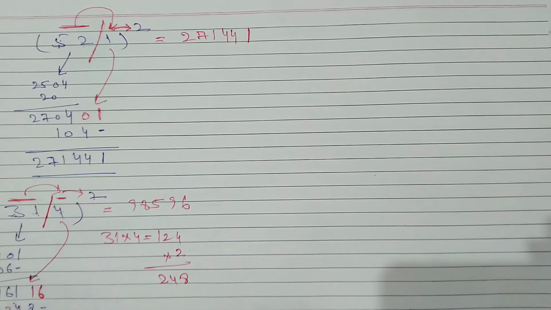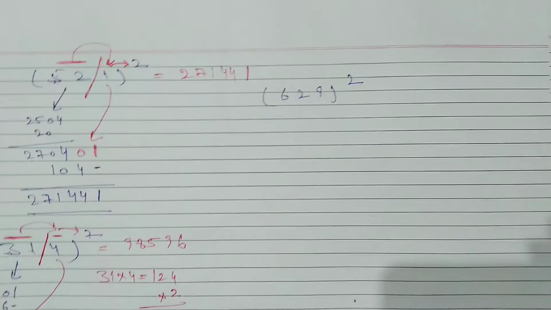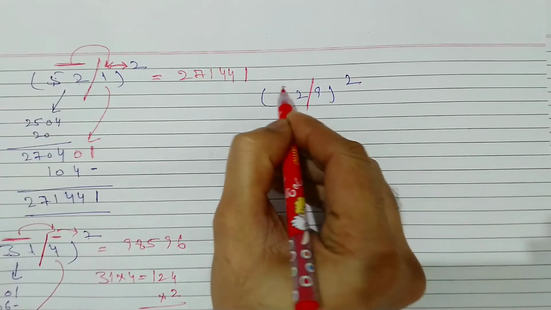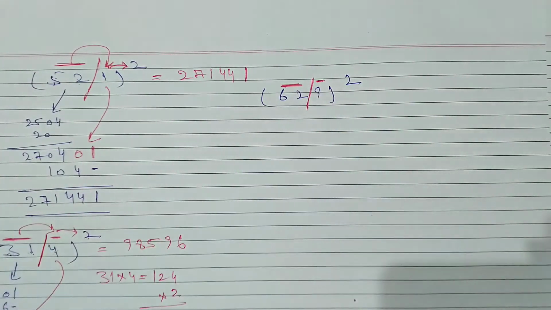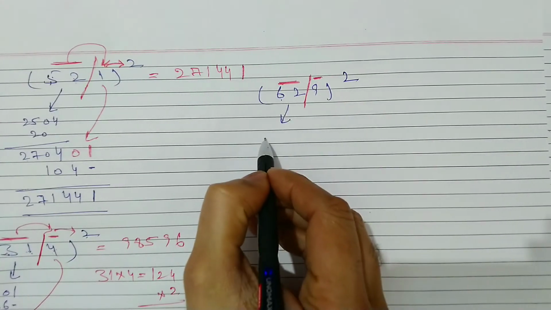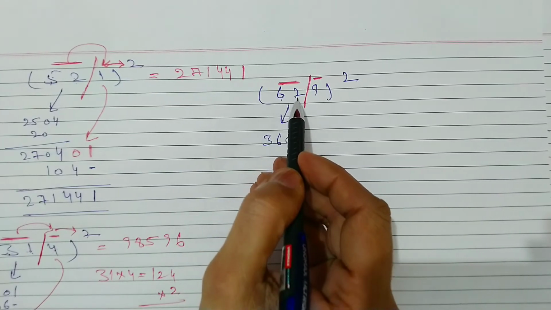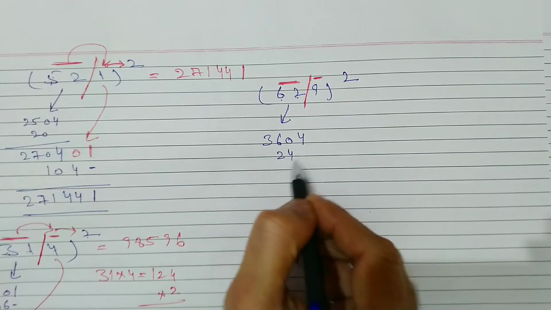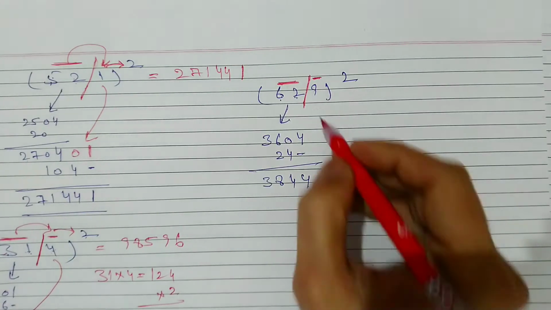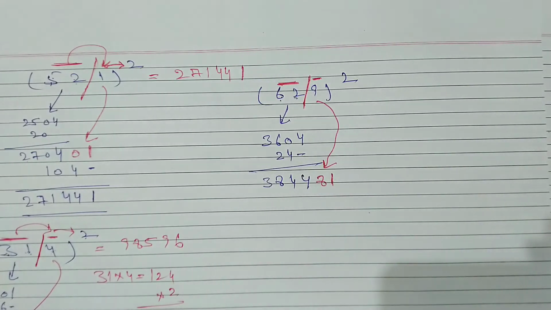Let's do one more example. Find the square of 629. Divide the number of digits into two parts, 62 and 9. Now the square of 62. The square of 6 is 36. The square of 2 is 04. 6 into 2 is 12. 12 into 2 is 24. That gives 3844. And the square of 9 is 81.